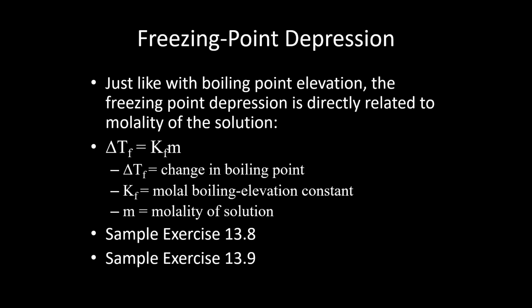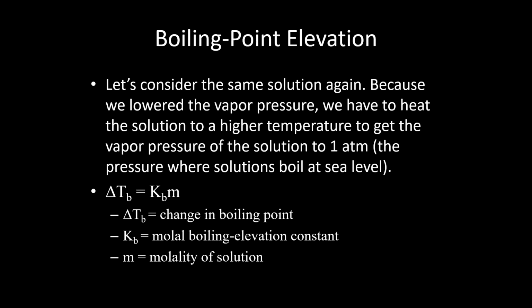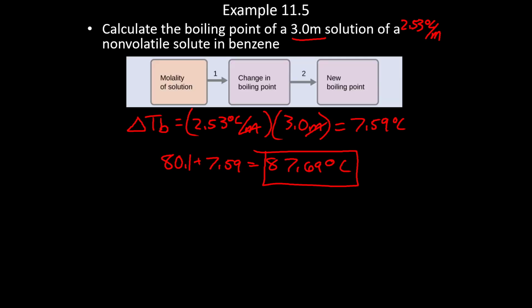So if I give you a boiling point elevation question, maybe I tell you enough information about the solution that you can work out the molality, and I give you the constant, and you have to work out what the change in the boiling point is, or something along those lines. I do expect you to be able to work using those 3 equations, and I will give you those equations if you need them.